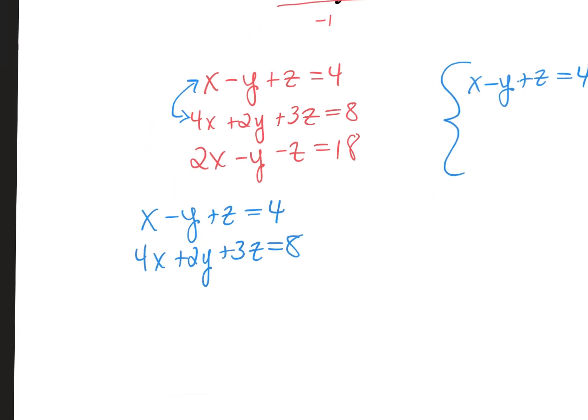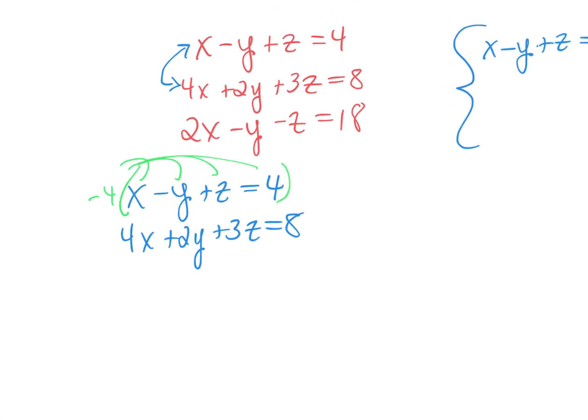So what would I have to multiply that top equation by so that my x's would cancel out? -4, good. -4 all the way through. So this becomes -4x, negative and negative is positive 4y, negative times 1 is -4z equals -4 times 4 is -16.